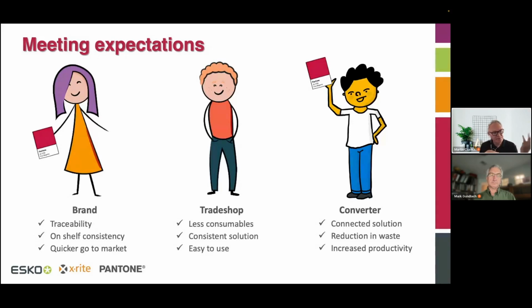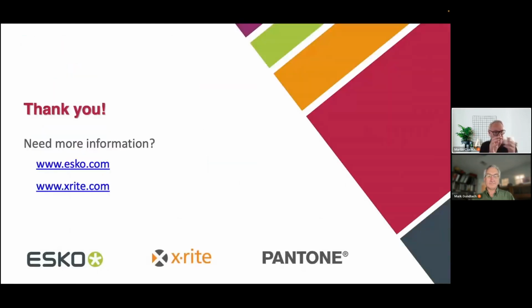But from source, as Mark was saying right at the beginning of the other sessions, if we communicate this accordingly and control it in a certain way, we can get the correct color from beginning to end.